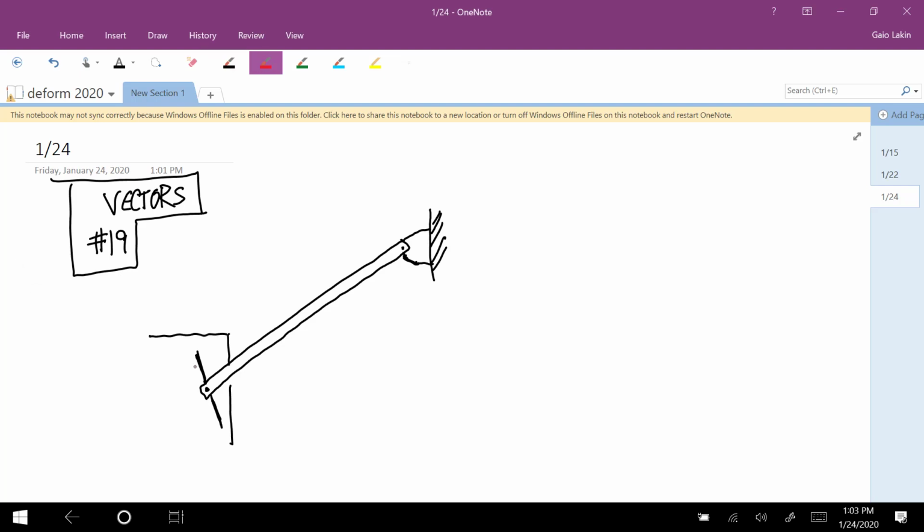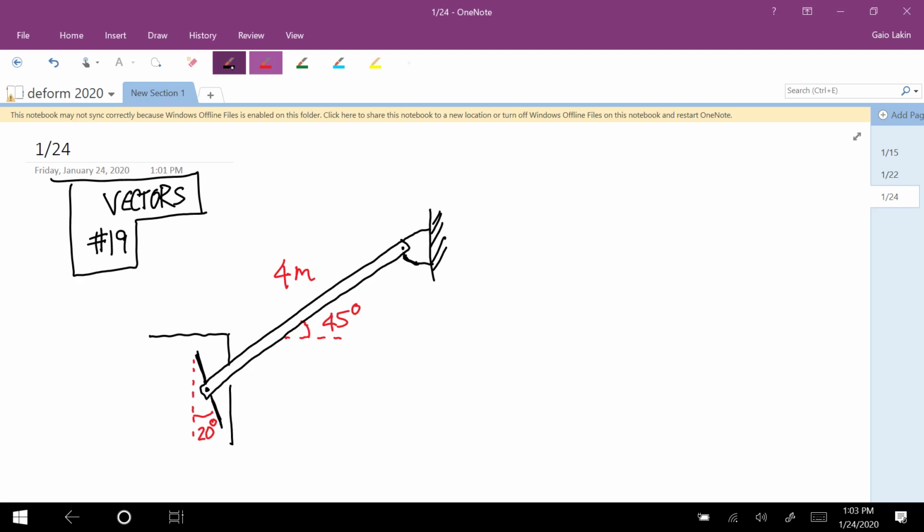We're given that this slot makes an angle of 20 degrees with the vertical, and the beam makes an angle of 45 degrees. And we know that the length of the beam is 4 meters.